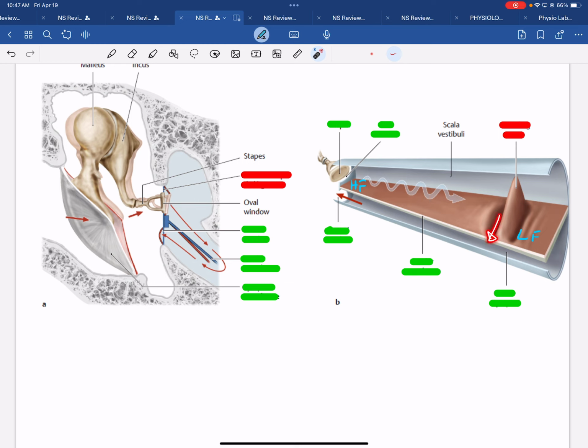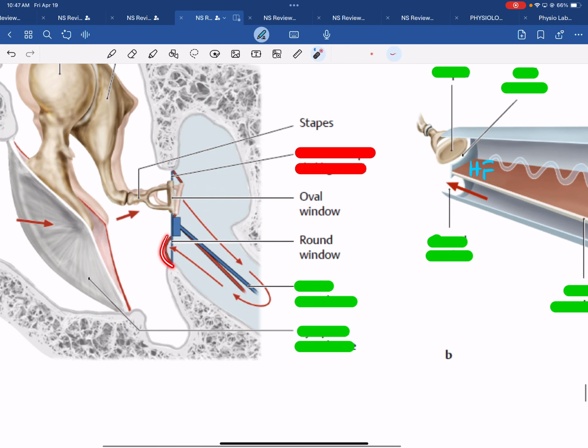So it'll deflect, and then that puts pressure in the perilymph in which space? Perilymph in tympanic. Good, in the tympanic duct or the scala tympani. And then the perilymph goes this way and bulges on what? On the round window. Good. So it bulges out, and then it goes back in.